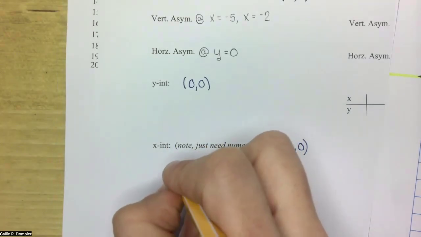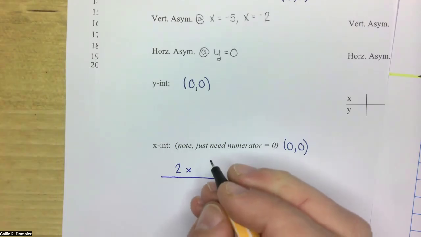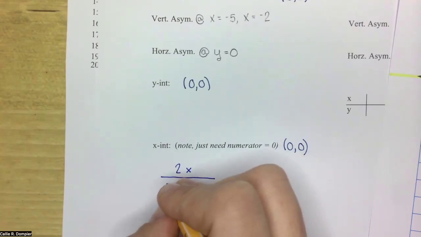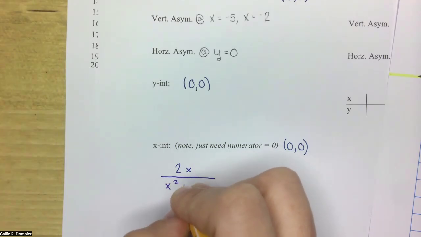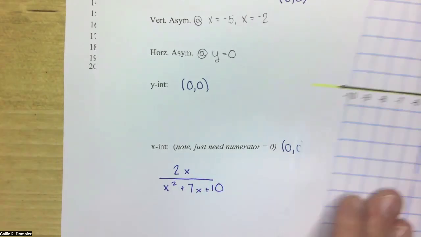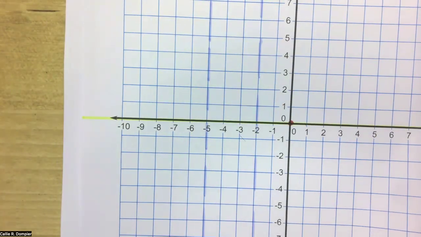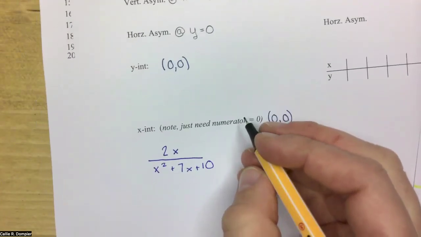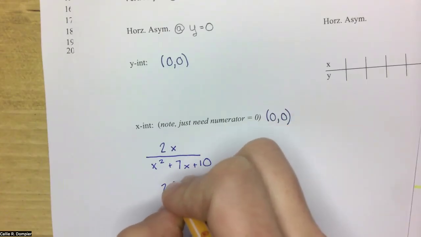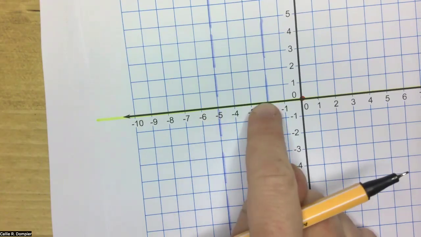So we have 2x over x squared plus 7x plus 10 as our original function. And we want to know whether the graph is up here or down there when x equals -4. I'm going to put in -4 for all those, just because -4 is between -5 and -2.